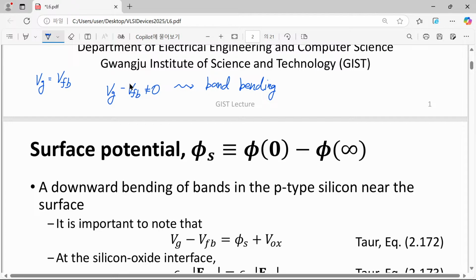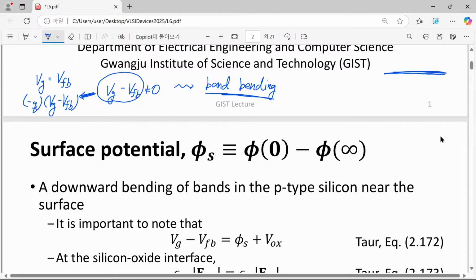So how can we understand this energy bending? There was a flat band, and now we have a certain amount of additional voltage, and this additional voltage is converted into minus Q times Vg minus flat band voltage.